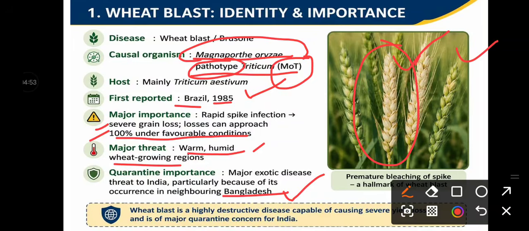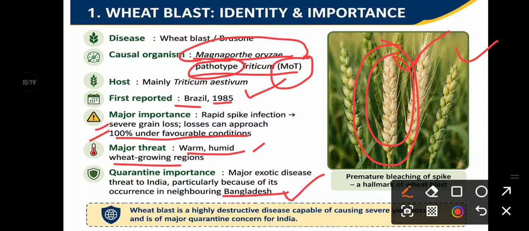If anybody asks whether it is reported in India, just say it is a quarantine importance disease of India, not extensively reported in India. So wheat blast is a highly destructive disease capable of causing severe yield loss and is of major quarantine concern for India. The hallmark symptom is the bleaching of the spike.